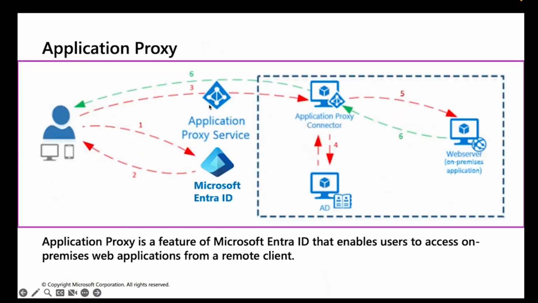The application proxy service in the cloud will connect with the connector, and the connector will check the on-prem Active Directory if there is any kind of authentication you have to perform, like in single sign-on, if I want to keep my authentication on-prem. If this is correct, then the application proxy will be authorized to access the application. It will get the information and then provide this information or application access to my end user.